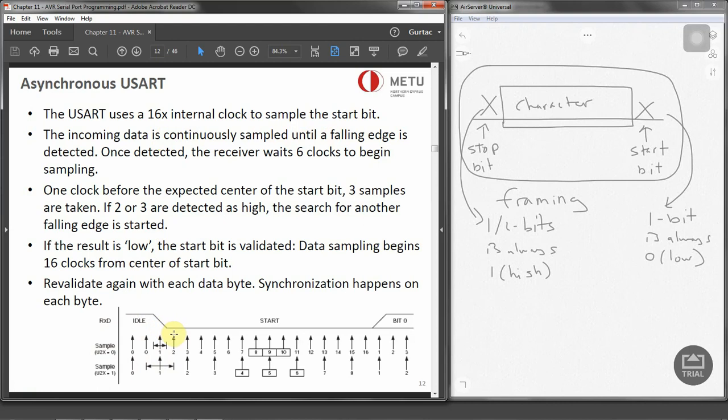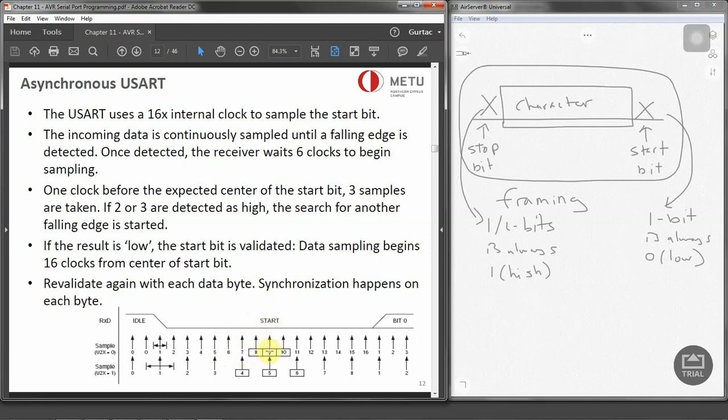What is happening is, once the falling edge is detected, the receiver waits 6 clocks. So 1, 2, 3, 4, 5, 6. And then it begins sampling. So 1 clock before the expected center of the start bit, which is somewhere here, 3 samples are taken.